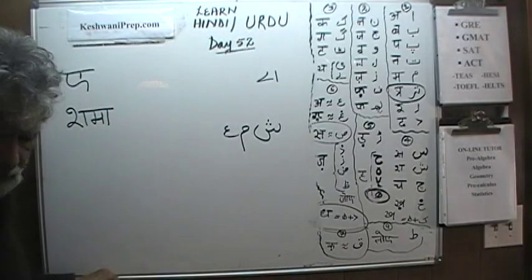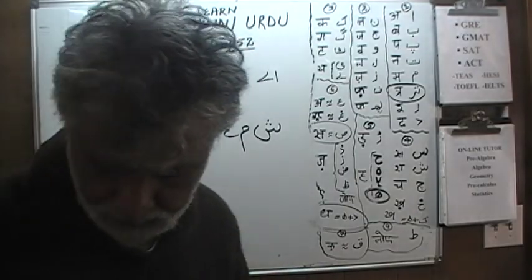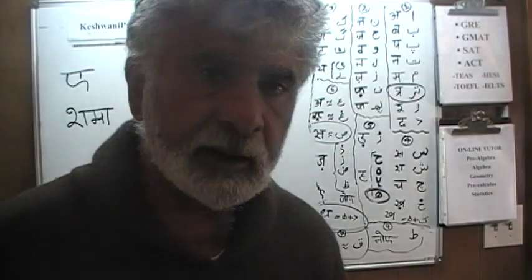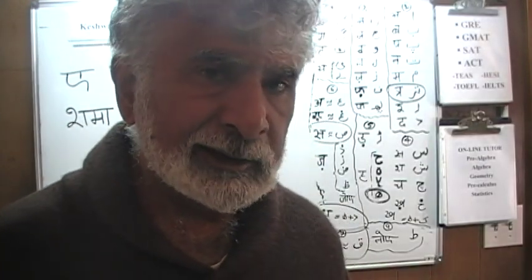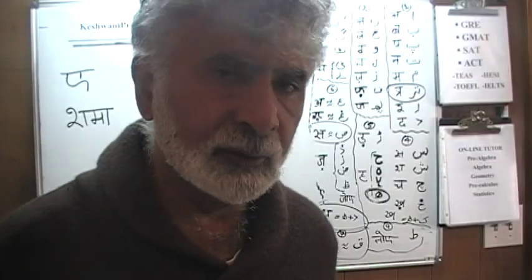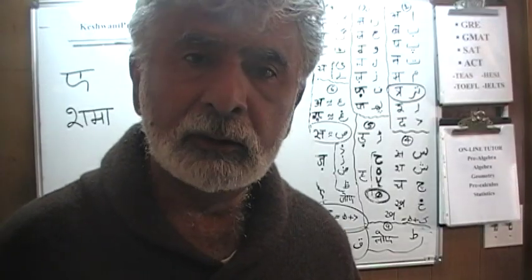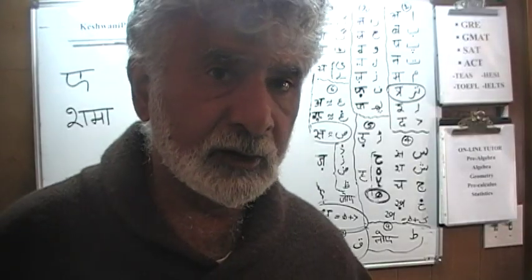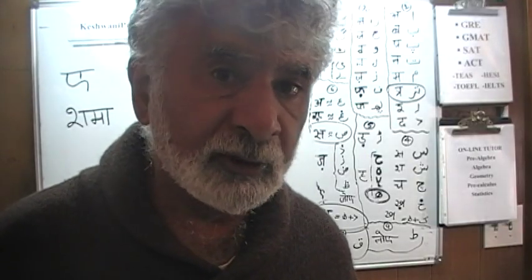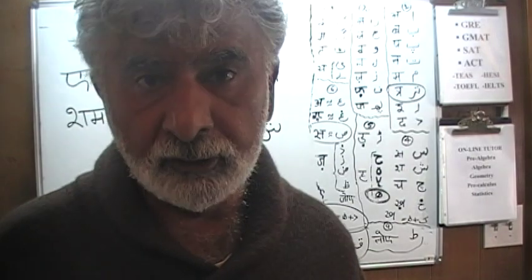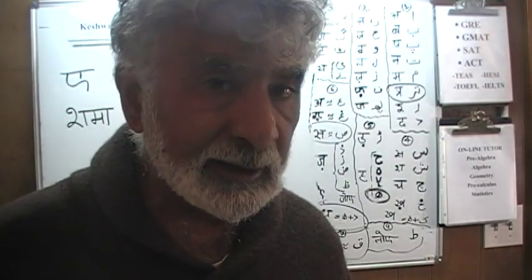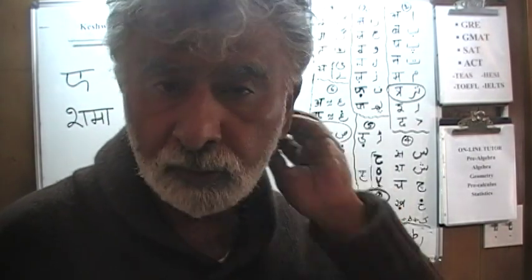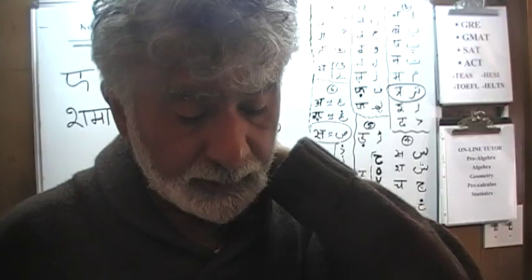Shama is not a new word. We came across the word Shama when we did that song In Aankhon Ki Masti Ke Mastane Hazaro, Aankhon Se Wabasta Afsane Hazaro, Asha Bhosle's song. I don't know what day it was, but in that song the word Shama appeared and we learned it.